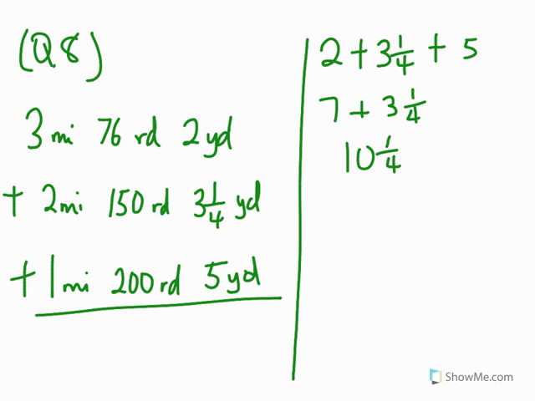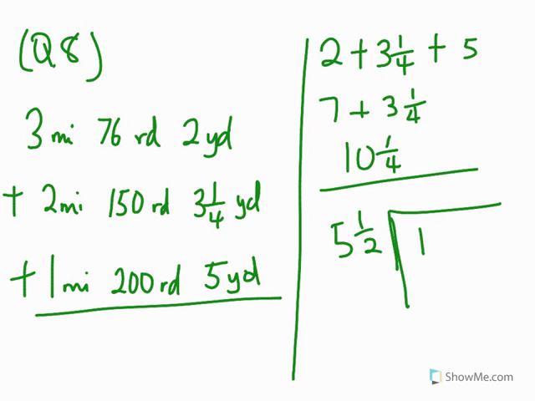Okay, we check what's the relationship between yards and rods. We see that 1 rod is 5.5 yards. So we can go ahead and divide, and we get the quotient and remainder. 5.5 yards is 5 1/2, and then 10 1/4, right?